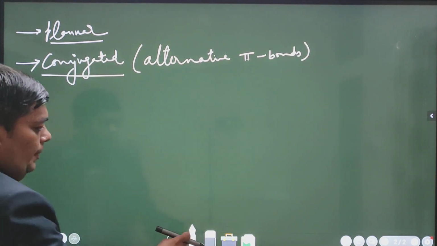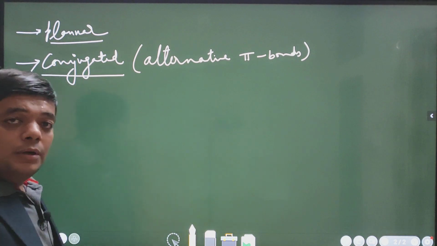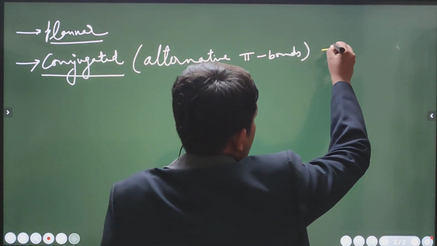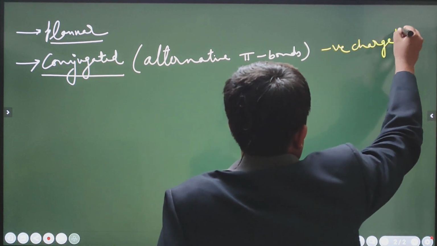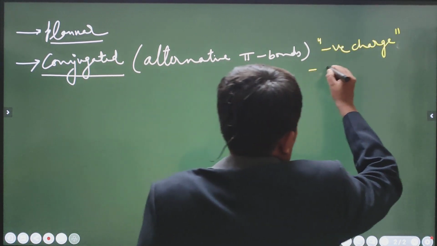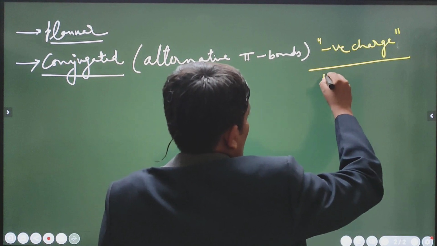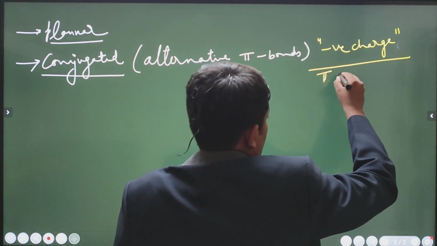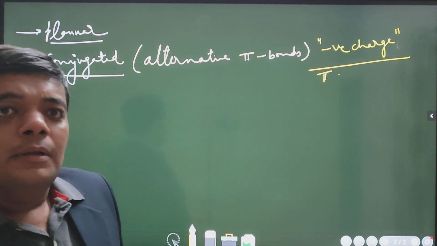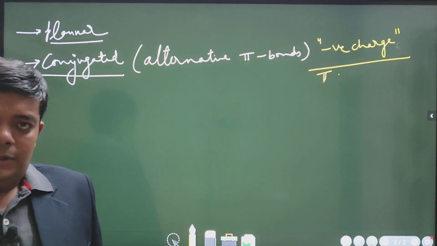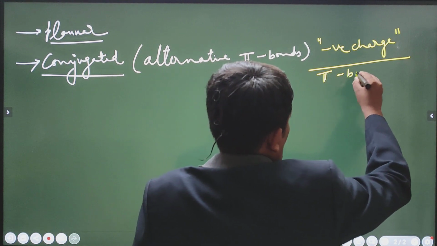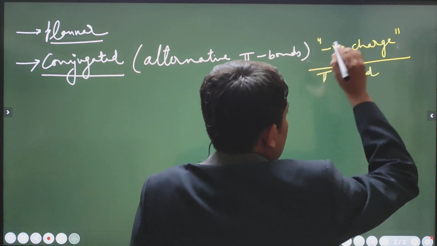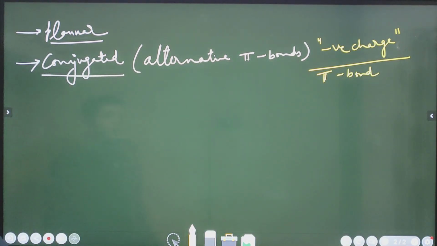Remember one very important thing that I am going to discuss with you. Sometimes a negative charge, under special conditions, can be consistently assumed or estimated as equivalent to a pi bond. The reason is it will form a pi bond. So these two are the basic conditions.